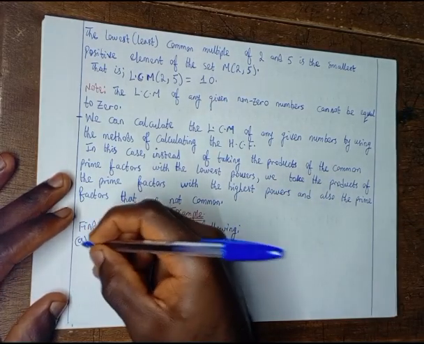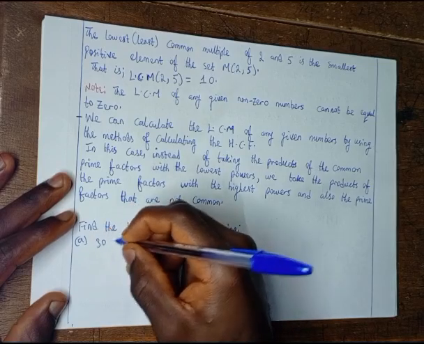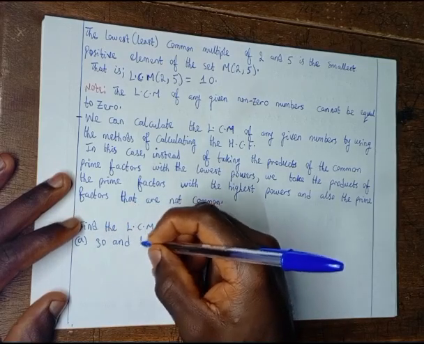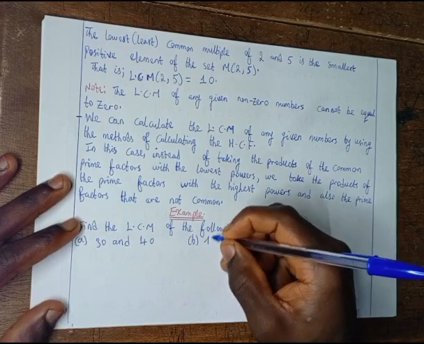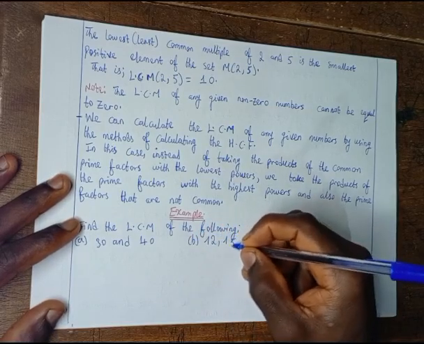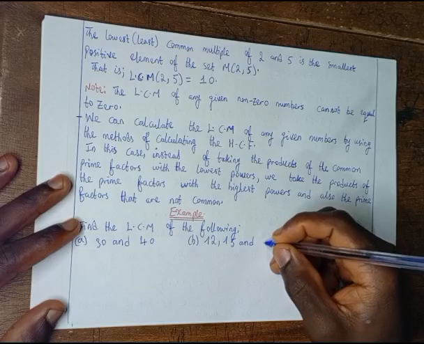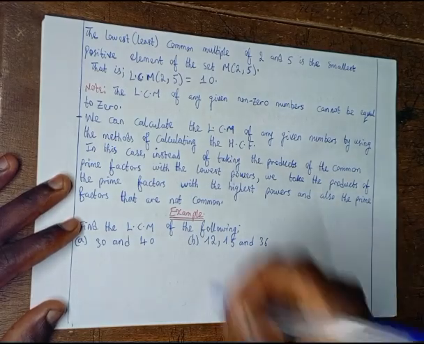For A, we have 30 and 40. For B, we have 12, 15 and 36.